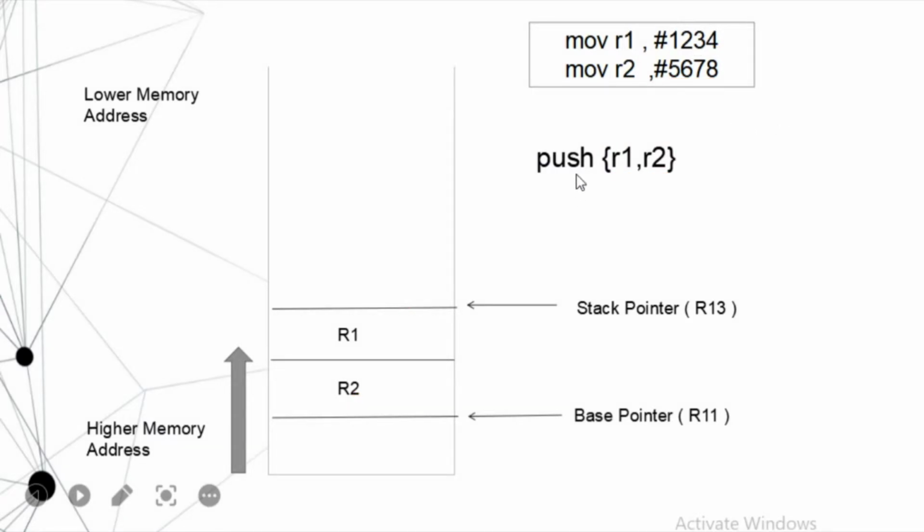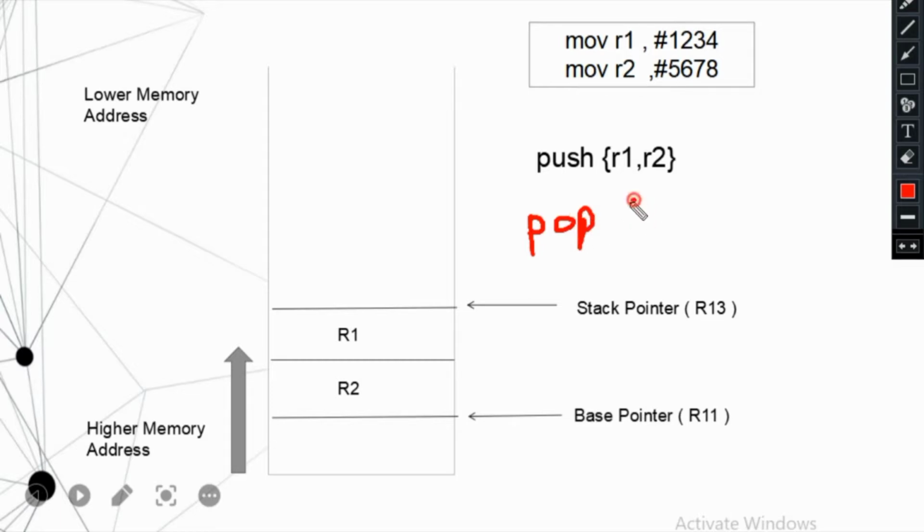At this point, if you want to execute another stack instruction, the pop instruction, we want to pop data from the top of the stack into the R5 register and the R6 register. It is just an example which I am demonstrating.